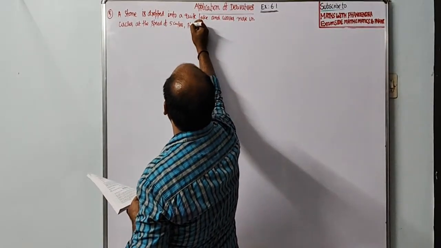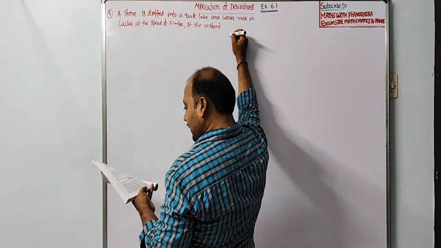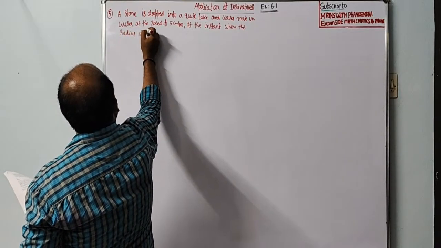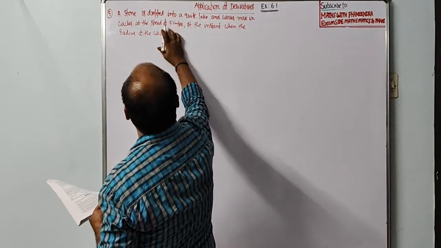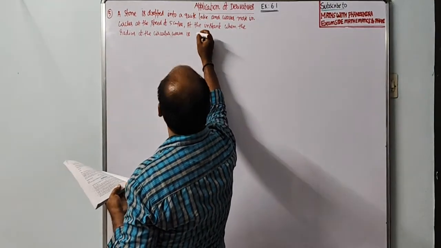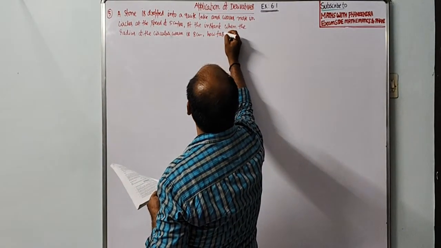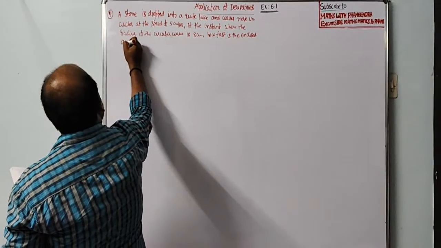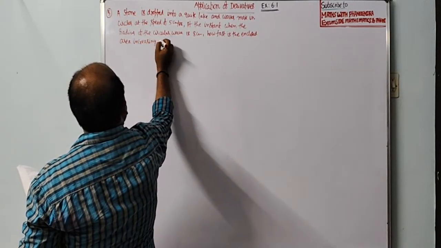At the instant when the radius of the circular wave is 8 centimeters, how fast is the enclosed area increasing? So this is the question.